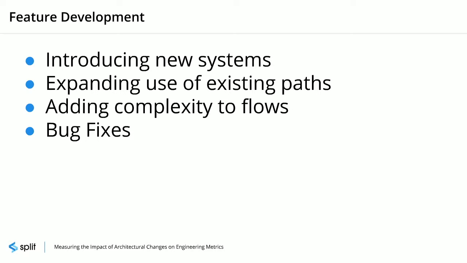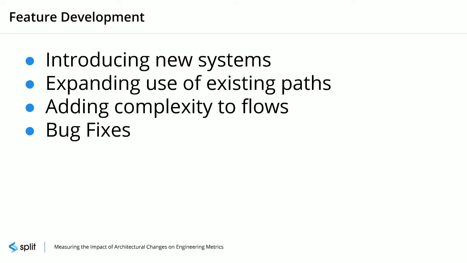Within feature development, one needs to consider the architecture that's involved in introducing new systems, whether those be databases or new services to the platform. It might be expanding the use of existing code paths, adding functionality or additional database calls, or maybe more complex algorithms to the way that you're serving your existing features.